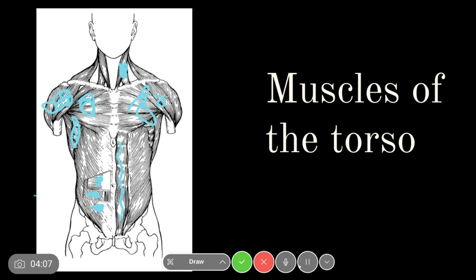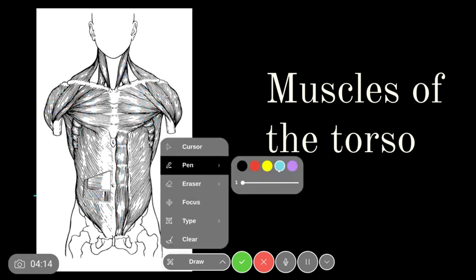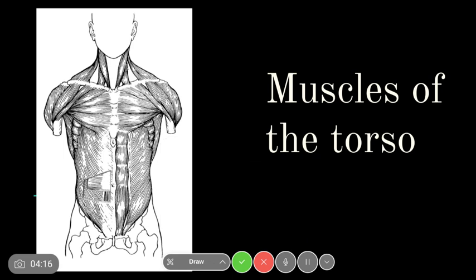Okay, so the sternocleidomastoid, let me erase this so that we can restart with our blue. The sternocleidomastoid, which if you recall is up here, it's right here. Its origin is the manubrium of the sternum and a medial portion of the clavicle. So right in here, that is the origin.